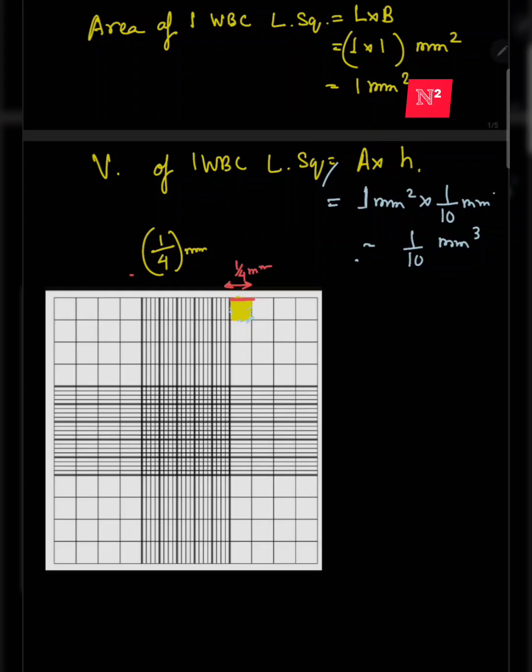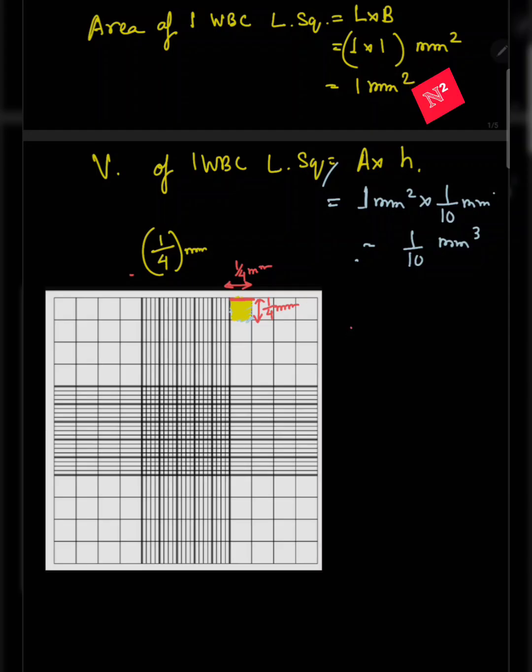Now similarly, look closely over here. This is 1 millimeter, which you can see again has been divided into 4 equal parts. So the whole 1 millimeter is divided into 1 by 4. This part is 1 by 4 of a millimeter. So we can say that the breadth of this WBC small square is 1 by 4 millimeter.